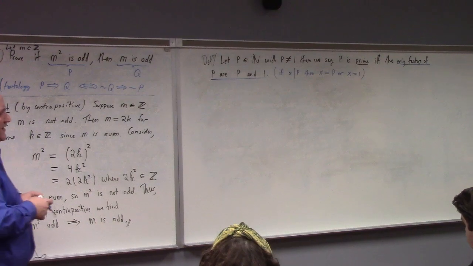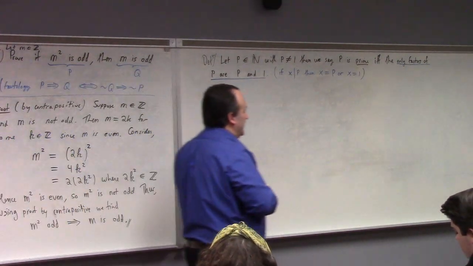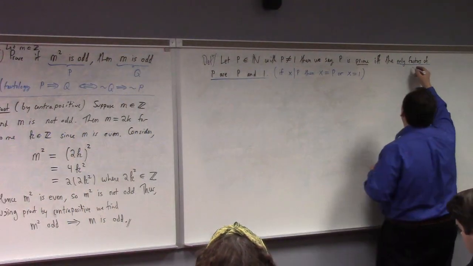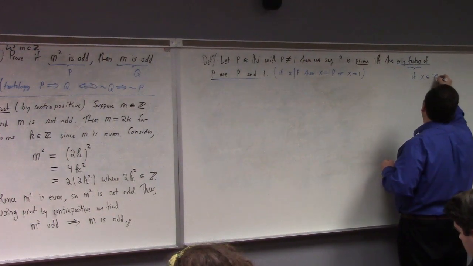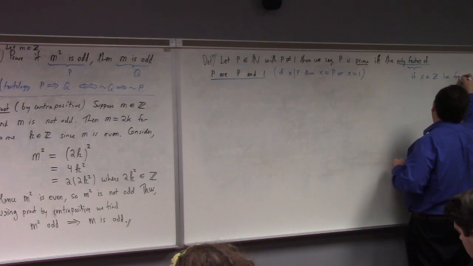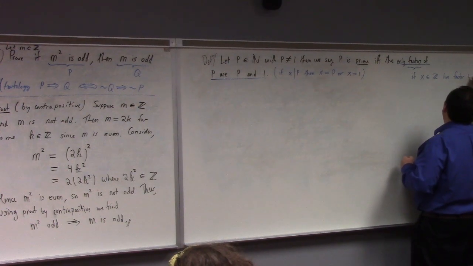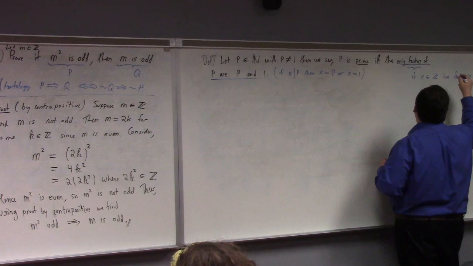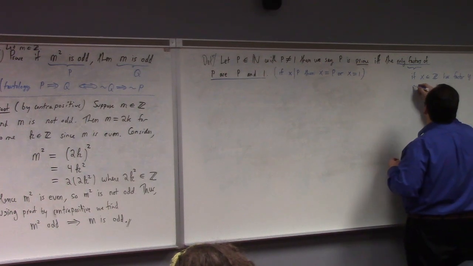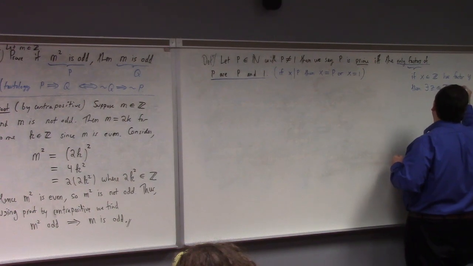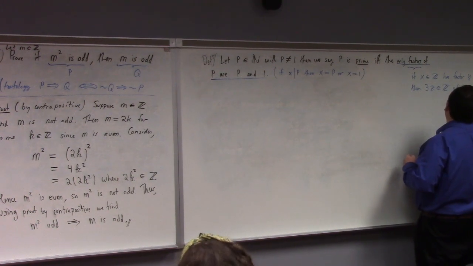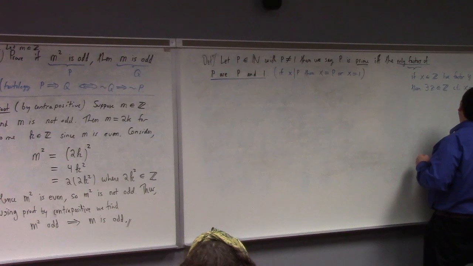What does it mean to say you have a factor? We can define that while we're at it. If x, an element of Z, has factor y, then there exists z in Z such that x is equal to yz.